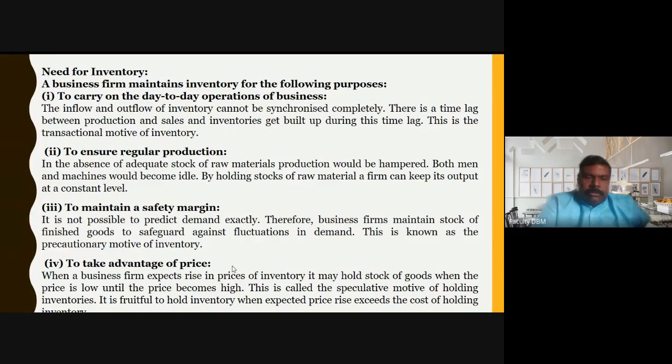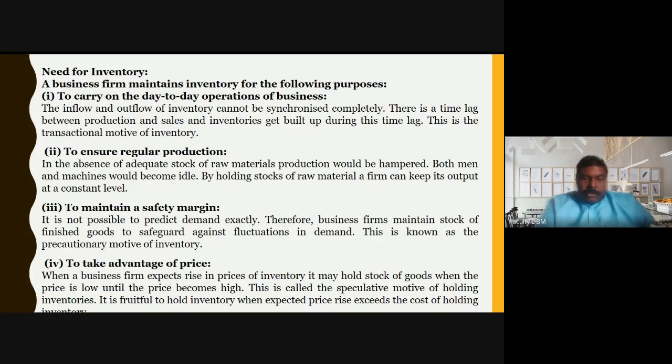But the last one, to take advantage of the price, this I, as an individual and as an educated person from MBA marketing, I don't like, because taking advantage of price and exploiting the customers, exploiting the farmers is not a good thing. But the people are doing that.